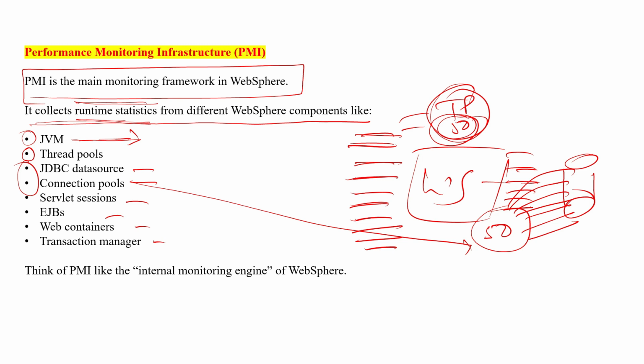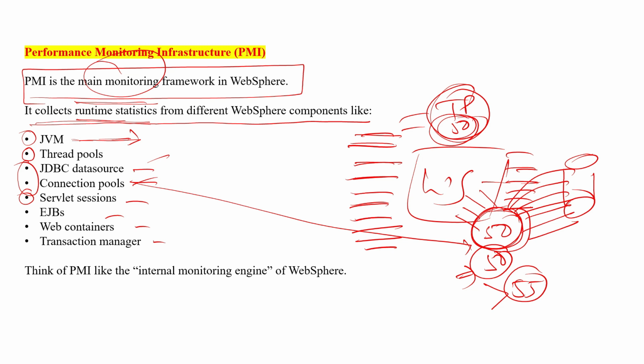We can do a lot of tuning with respect to the data source and connection pools, and this system monitors the current statistics of utilization, meaning how many connections are being used. If I have defined 50 connections and my application is using almost 50 or trying to create more than that, then definitely we need to increase this value. So we should have insight into this parameter as well: the utilization of the connections in my connection pool.